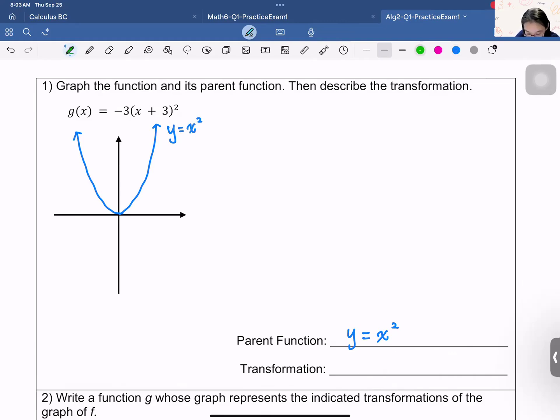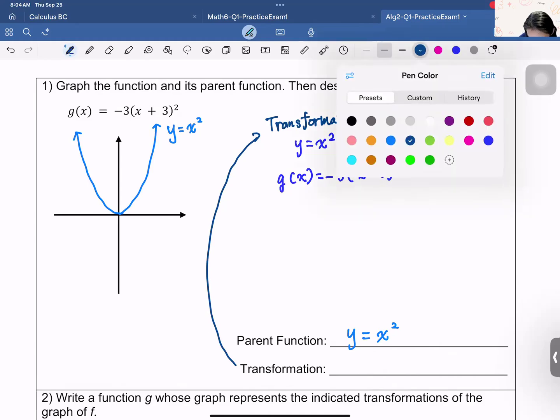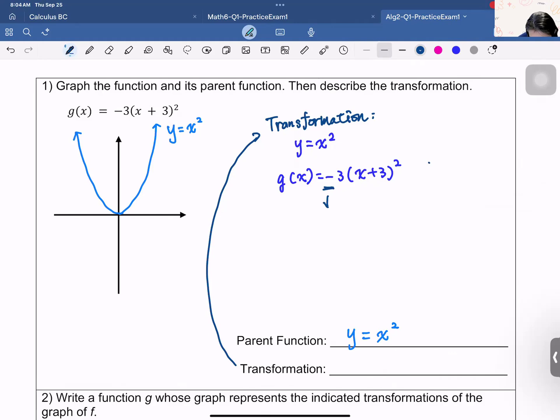Then I'm going to describe the transformation of g of x. Since I want to make it large enough, I'm going to write the transformation here. Comparing to y equals x squared, my g of x is negative 3 times (x plus 3) squared. The negative sign on the outside is a reflection across the x-axis: my positive y becomes negative y.